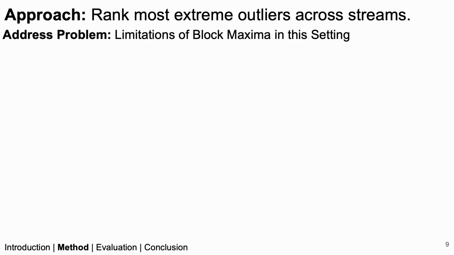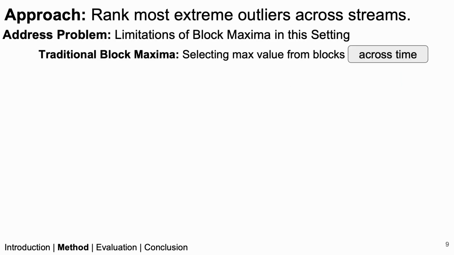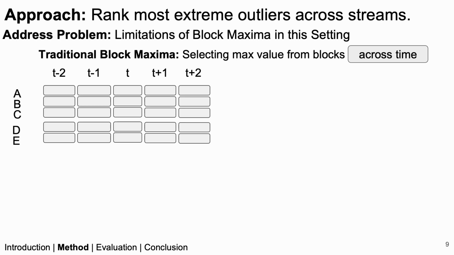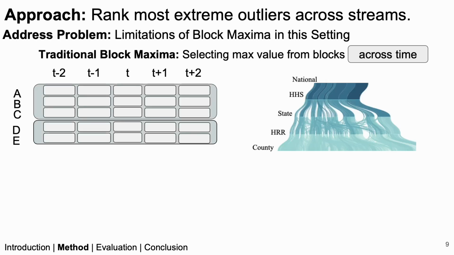But in order to address this problem, and instead of just using maximum values from blocks across time, our idea was to create blocks across time and data streams. So we grouped together data streams by where they fell in this geospatial hierarchy, which consists of counties, HRRs, which are hospital regions, which consist of multiple counties, states, HHS regions, which consist of multiple states, and the nation as a whole.